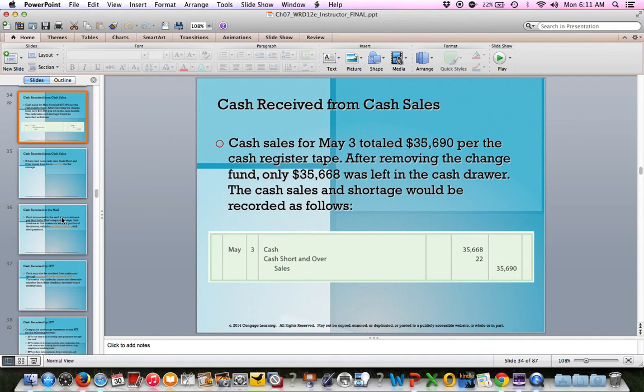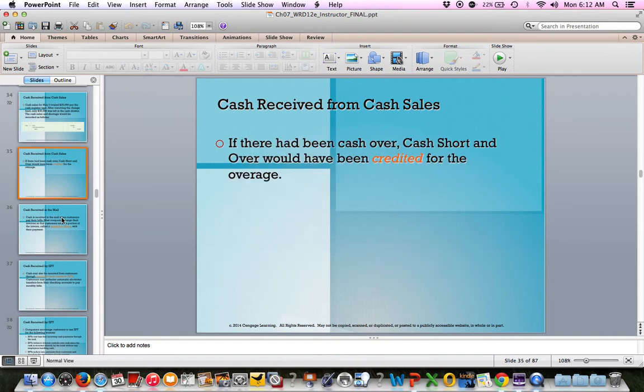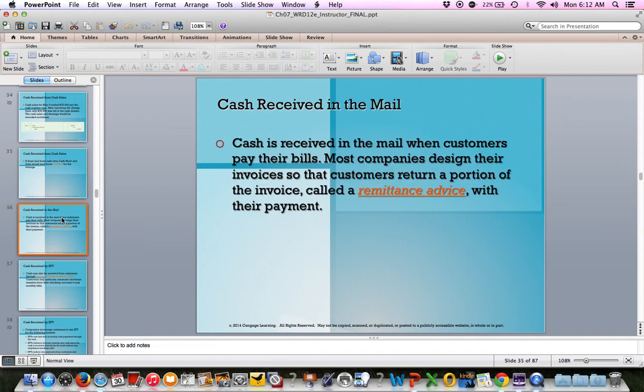And so we used that cash short and over account then to balance out the entry. And if that account has a debit balance, we treat it like an expense. If it has a credit balance, we treat it like revenue. If it was a credit, we treat it like a revenue account.